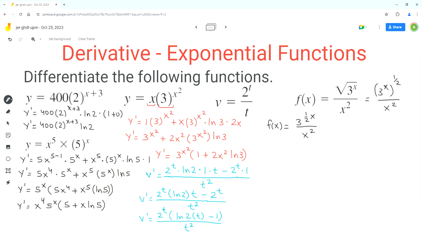Now we can find the derivative of this function, and we can use the quotient rule because this expression is in the form of a fraction. So as per the quotient rule, so we start with the derivative of the numerator. So the numerator is an exponential term with a base 3.